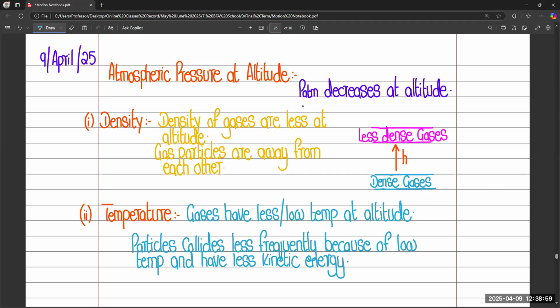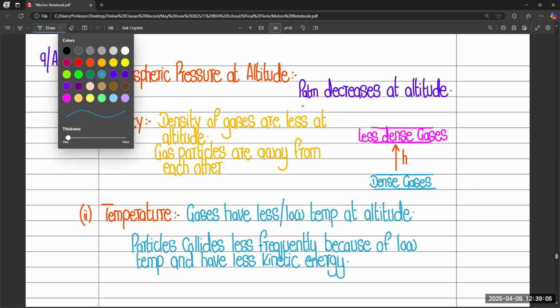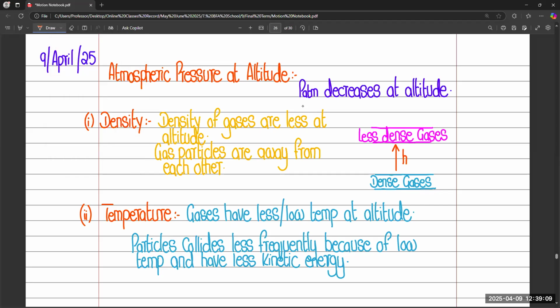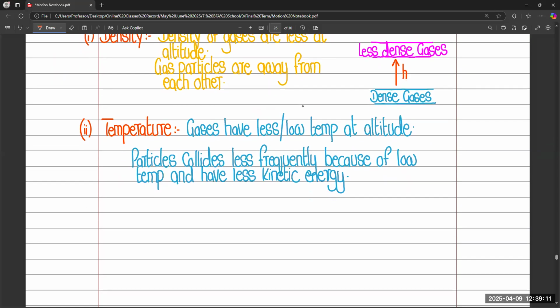So the second topic is gas pressure exerted by the gas in terms of momentum and forces. And this question is a repeated question in past papers also.